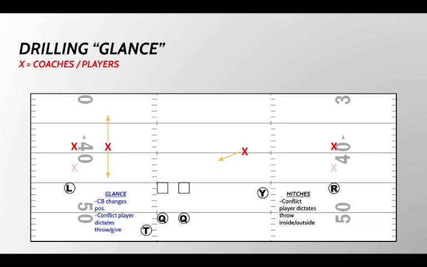So you can start this safety at 10. You can start him at 7. You can start him already down in the box almost. Based on the week-to-week appearances of the defense and structures that you're going to be seeing, you can make this adjustment. But again, have this quarterback go through his decision-making process.